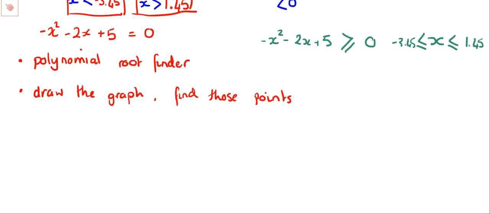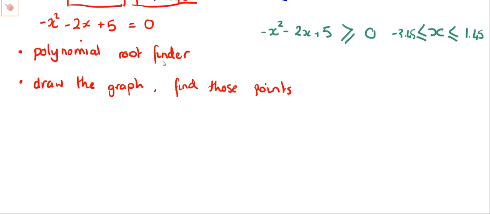Right, let's move on. So we've done those things: polynomial root finder, draw the graph, find the points. Let's have a look at the next example, where we've not got an equal to a certain amount, but we've got two different functions.